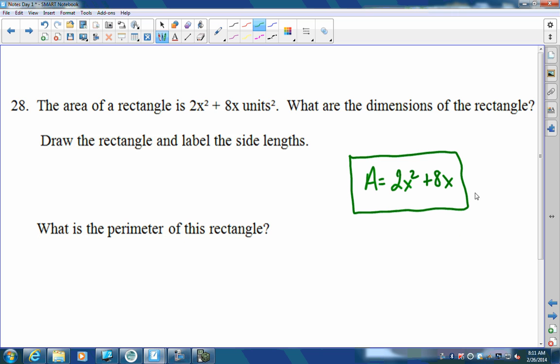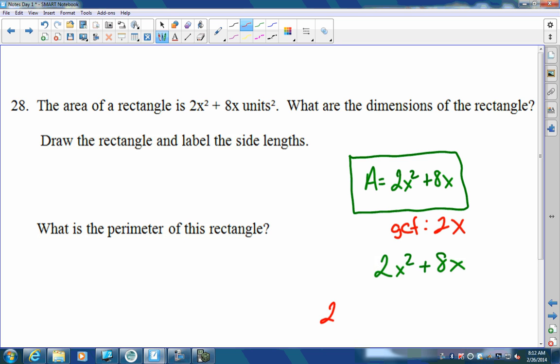What I have to do is factor this. 2x squared plus 8x. What is my GCF out of 2 and 8? A 2, right? There's an x in common in both of them, and the smallest exponent is just an x. So let's pull this out and factor it.